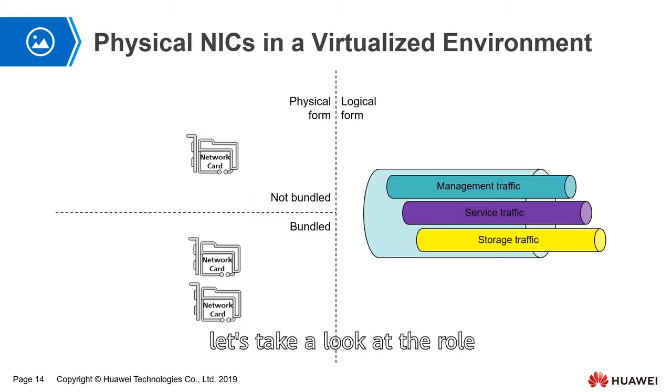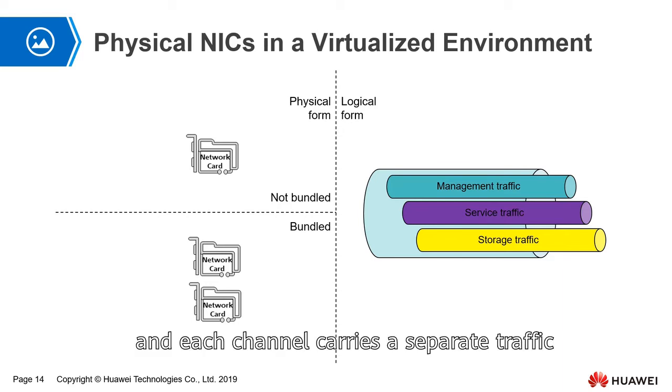Next, let's take a look at the role of the physical server NIC. Let's look at the logical form. Earlier, we talked about how to divide all the traffic according to purpose. If each traffic is carried by a physical link, it is equivalent to dividing this large physical link into several small logical channels, and each channel will carry a separate traffic.